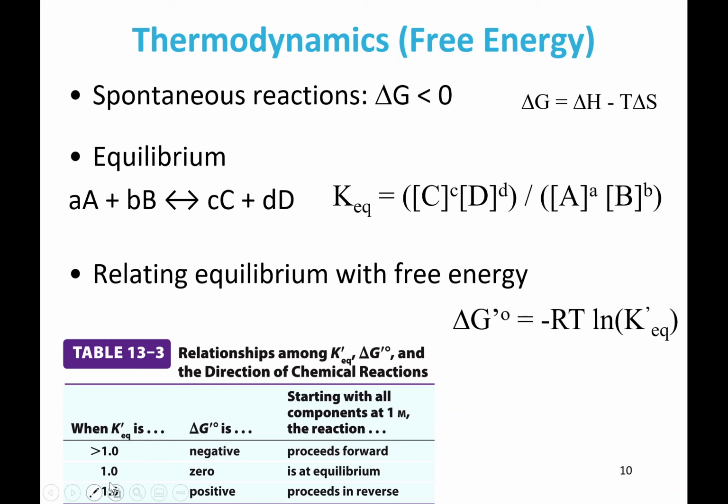If Keq is less than 1, delta G is positive, which means the reaction will proceed in the reverse direction. If Keq is exactly 1, delta G naught prime is 0, and when a reaction has a delta G value of 0, it is at equilibrium.